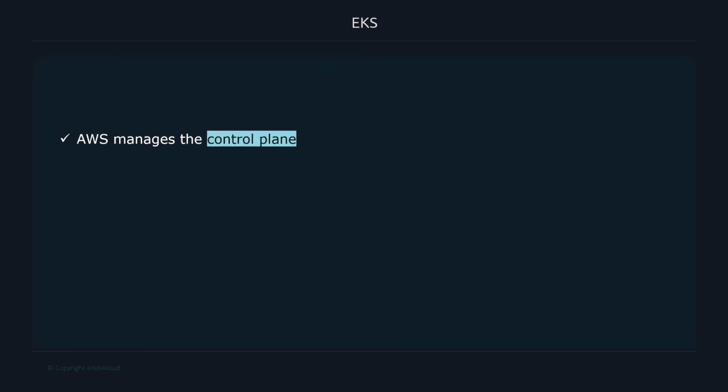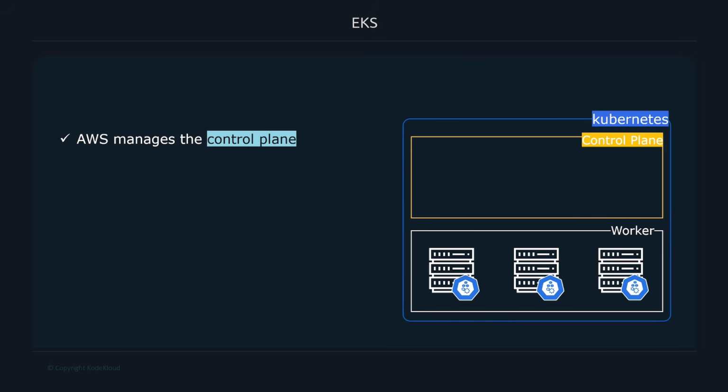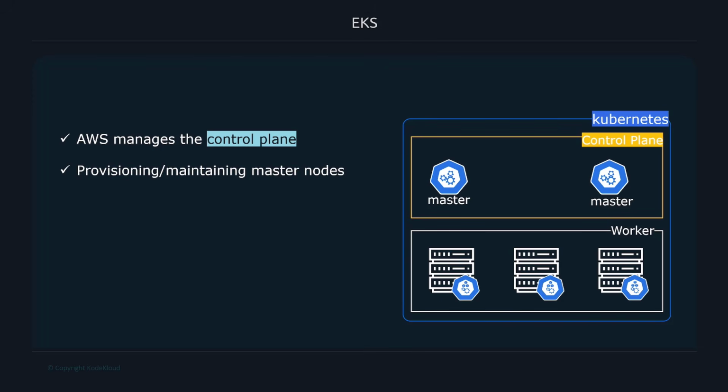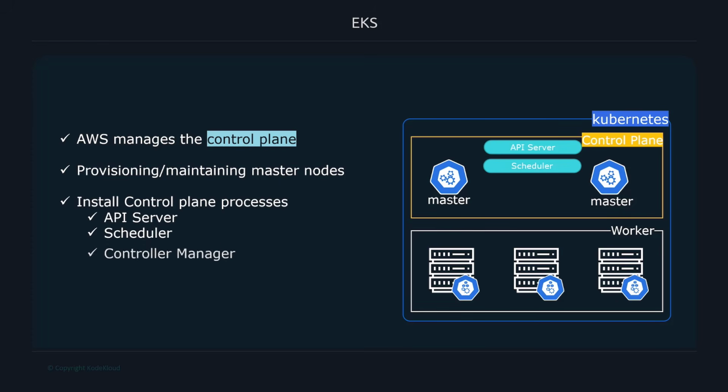With EKS, AWS actually manages the control plane. What that really means is that AWS is going to be responsible for provisioning and maintaining all of the master nodes for you. So all of this work is now being offloaded onto AWS. AWS is going to handle installing all the control plane processes.